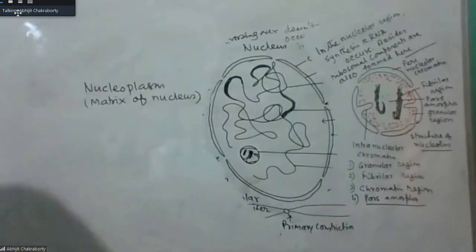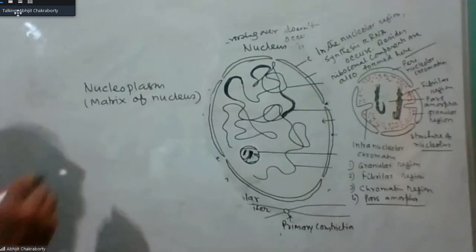The matrix of the nucleus is the nucleoplasm. And what will you get in it? DNA, RNA, different enzymes, nucleoproteins.